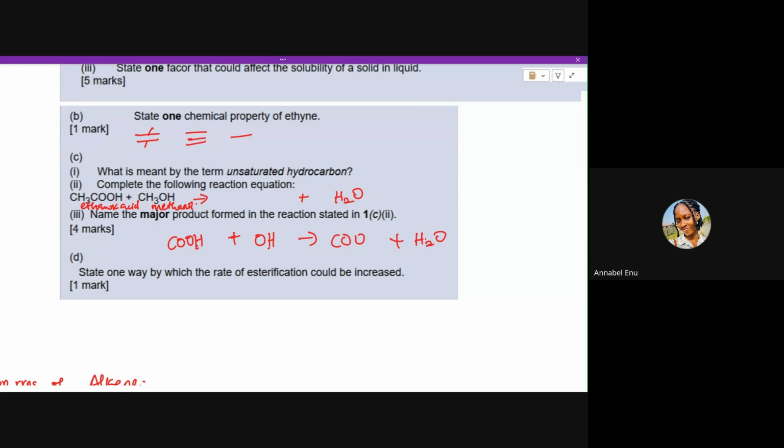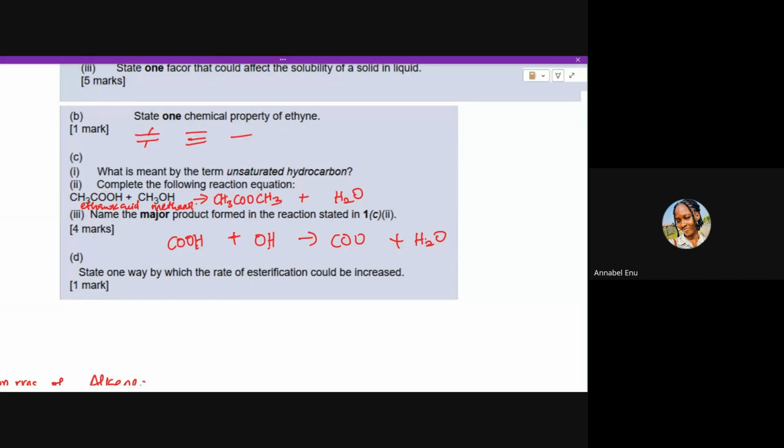And then our major product would be CH3COO. Okay, because the hydrogen in the water is donated by the acid, and then the OH in the water is donated by the base, which is the methanol. So what is now left is CH3.